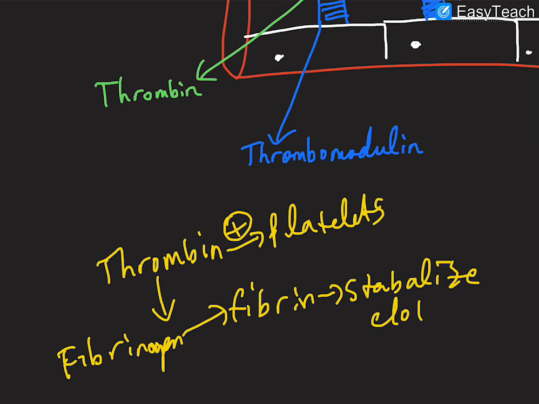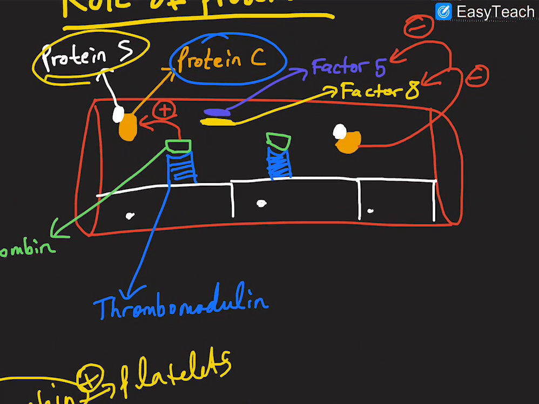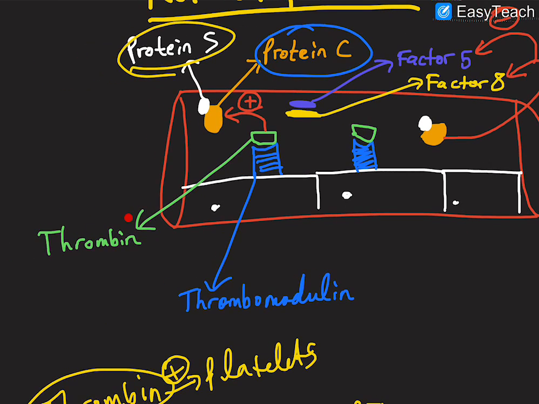But when thrombin binds onto a certain protein present on your endothelial lining, something called thrombomodulin, thrombin's function changes.